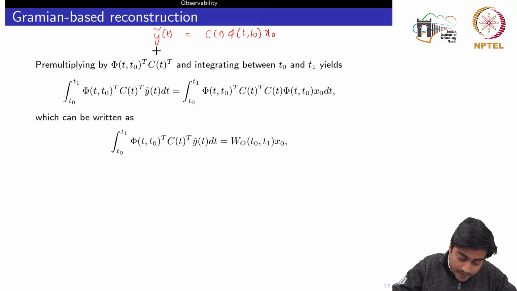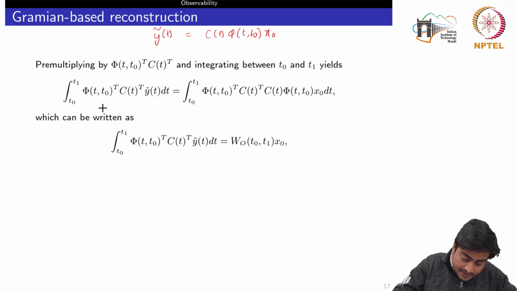Now if I pre-multiply the above equation by phi transpose and C transpose and then integrate it, I obtain on the left hand side the integral of phi transpose C transpose y tilde dt, and on the right hand side phi transpose C transpose multiplied by C phi and x0. Here x0 is a constant, so I can take it inside or outside the integral, right?